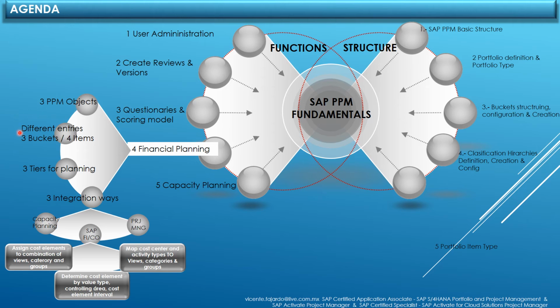We have different entries. We have 3 tiers for planning, and we have 3 integration ways. And specifically for SAP FICO, we have 3 different ways to integrate.